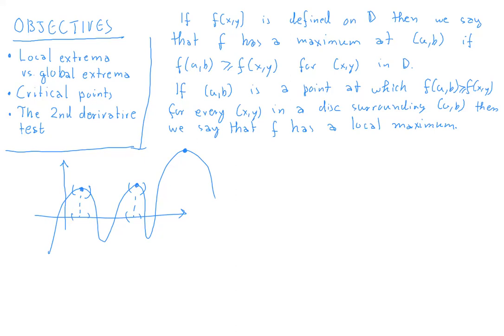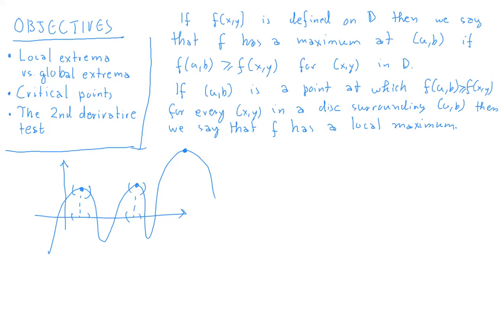But let's note here that a function can have a global maximum and local maxima. A global maximum is automatically also a local maximum, and there's no particular need for a function to have any of those things, or you can have a function that has just local maxima and has no global maximum.